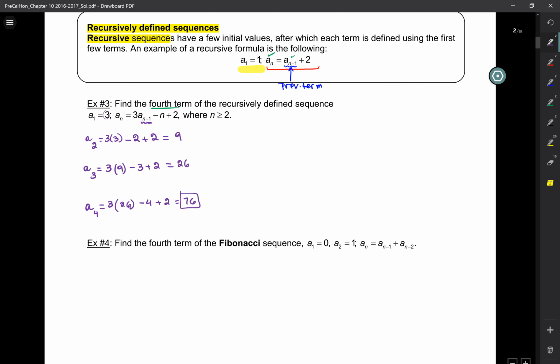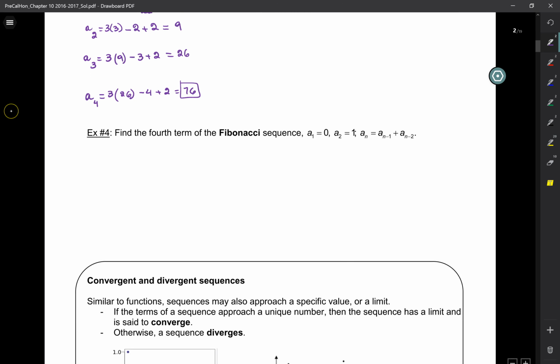All right. Now, what about the Fibonacci sequence? You hear it all over the place. So the Fibonacci sequence basically is responsible for the golden ratio, and you see it in all sorts in nature. We're gonna do a lot more with it. For now, let's just try to generate some numbers.